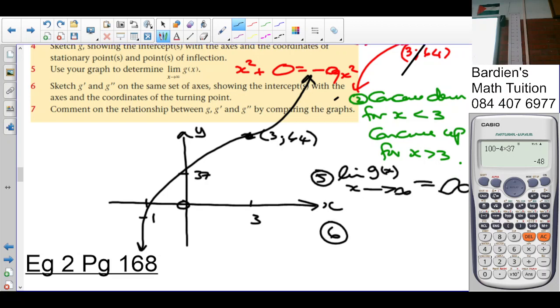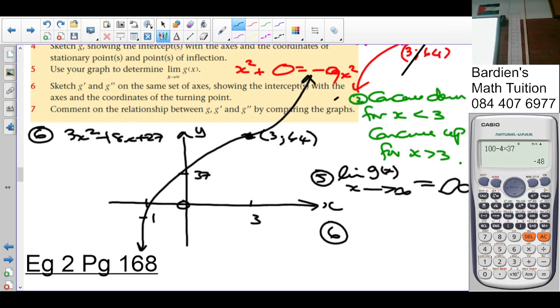Question 6. Sketch the g prime of x, which is the first derivative. So if you're looking at the first derivative graph, what is the equation of the first derivative? It was 3x squared minus 18x plus 27.